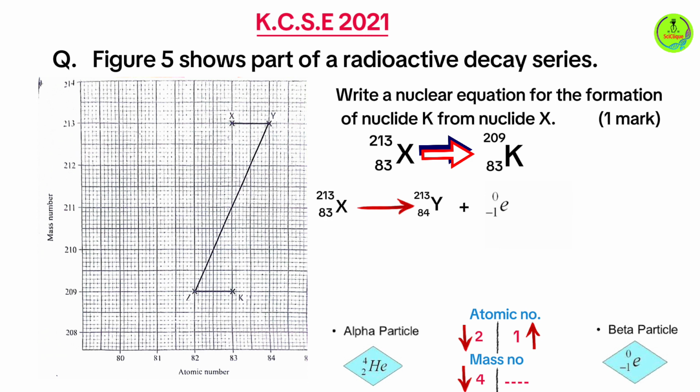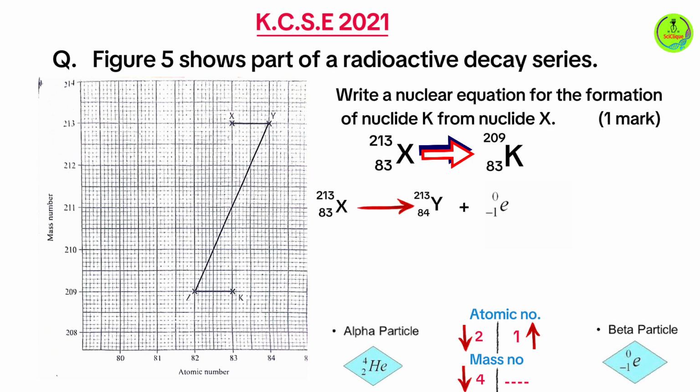Because when you have beta radiation, a neutron is converted to a proton. Therefore, you have an additional proton being present. But because it's simply a neutron converting to a proton, the mass number remains the same, because the mass number is the sum of protons and neutrons. So that is our nuclear equation for step 1.